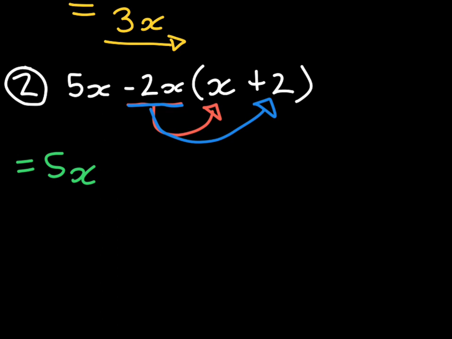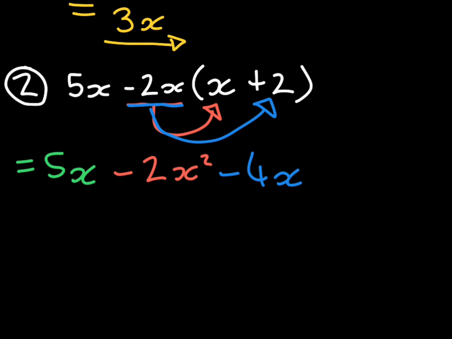Next, minus 2x times x will be minus 2x squared, because x times x is x squared. Lastly, minus 2x times positive 2 will give us minus 4x, because minus 2 times positive 2 is minus 4.